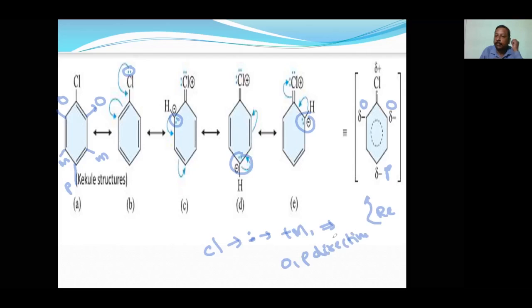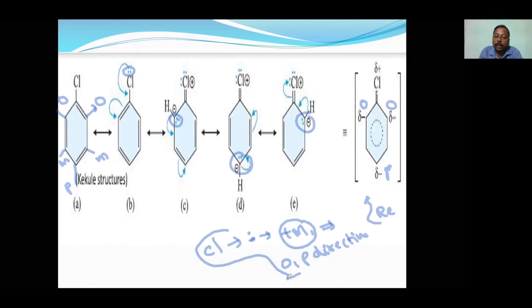That means when on a benzene ring chlorine is already there, then the next group will prefer to attach itself at the ortho and para positions. So all plus M groups: this example is with respect to chlorine, but you can apply it to all plus M groups like amine, alcohol, alkoxy.